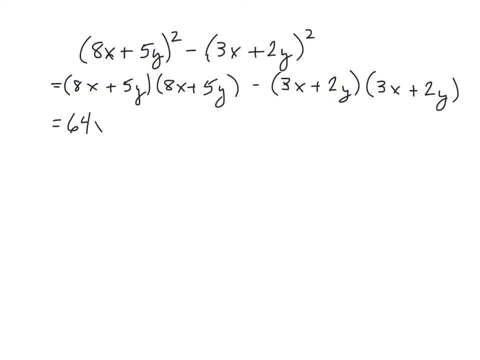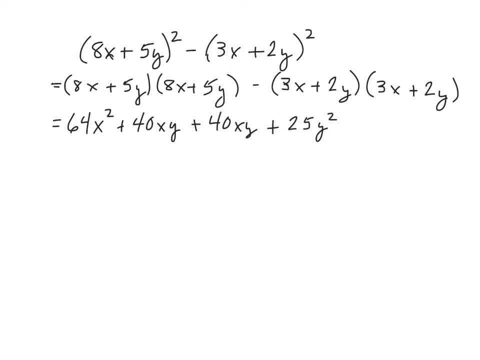So 8x times 8x is 64x squared, since 8 times 8 is 64 and x times x is x squared. 8x times 5y is 40xy. 5y times 8x is also 40xy. And 5y times 5y is 25y squared.